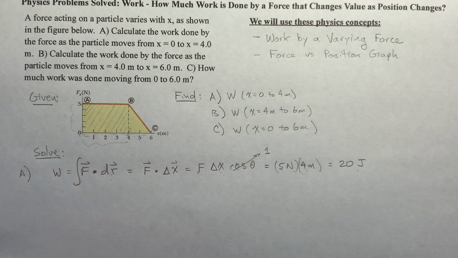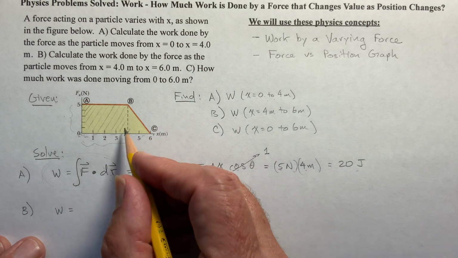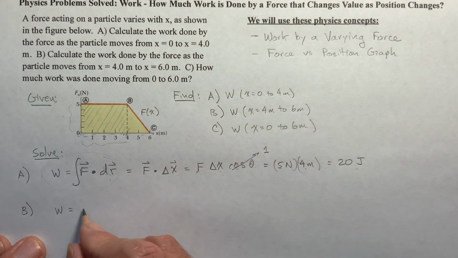I'm going to show you what you would do, but we're not going to finish it because it's a little too tedious. We could apply this to the little segment from 4 to 6. The work is equal to the integral of the force function dx, but we would need a force function for this.